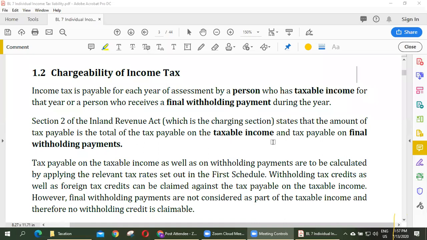Right, chargeability. The Inland Revenue Department officers will collect tax from the general public. So to collect taxes from the general public, they need some kind of legal provisions, right? Say on the road, the motor traffic police are there.